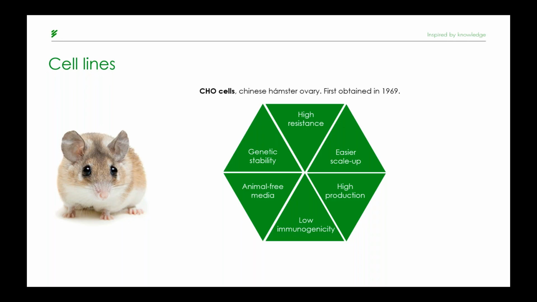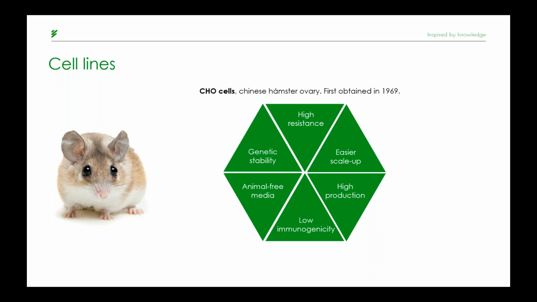Also, they can grow in suspension culture, favoring the use in bioreactors and the scale up of the bioreactors. They are one of the cells with the highest rate of recombinant protein production.